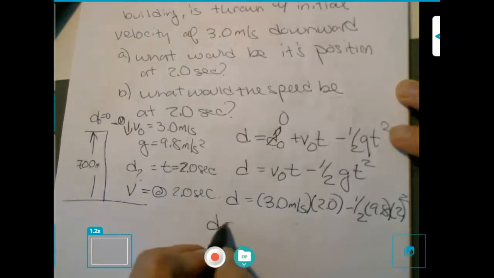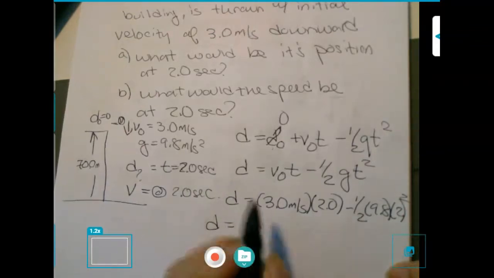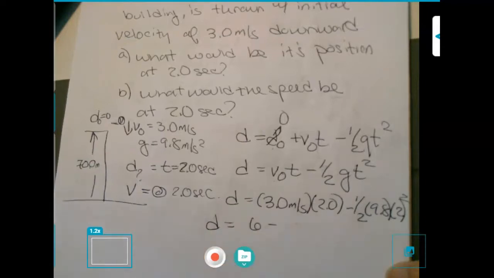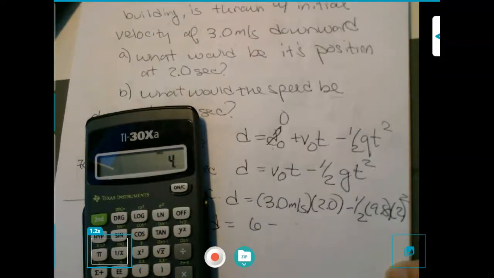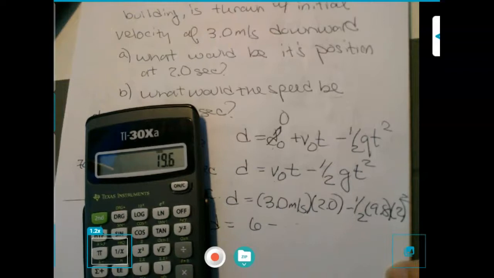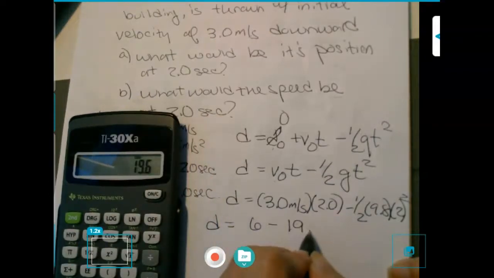So d is going to be 6 minus 2 squared times 9.8 divided by 2, minus 19.6.